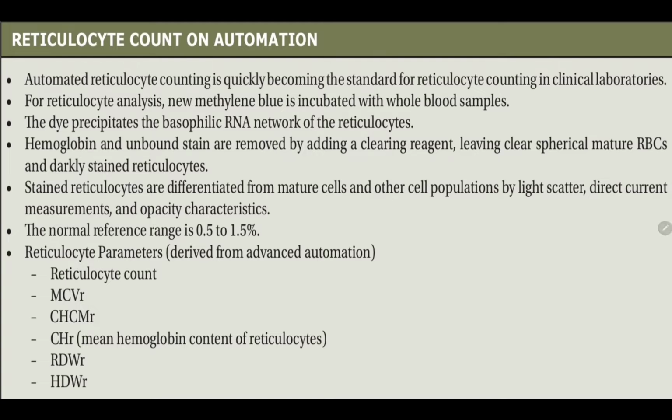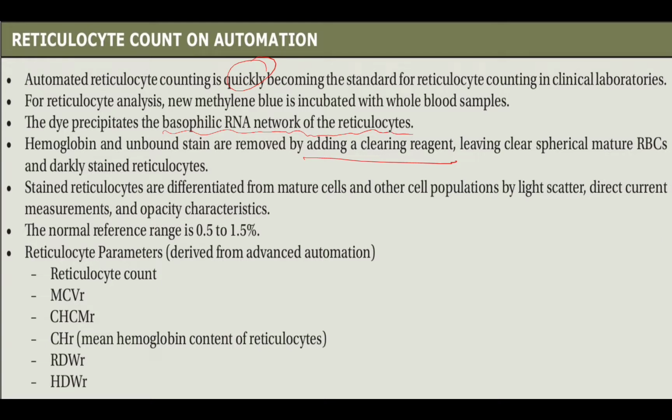Now, the advantages of the reticulocyte count on automation are that they give results quickly. They precipitate the basophilic RNA as a network in the reticulocyte, and the hemoglobin and unbound stain are removed by adding a clearing agent, leaving the clear spherical mature RBCs and darkly stained reticulocytes.